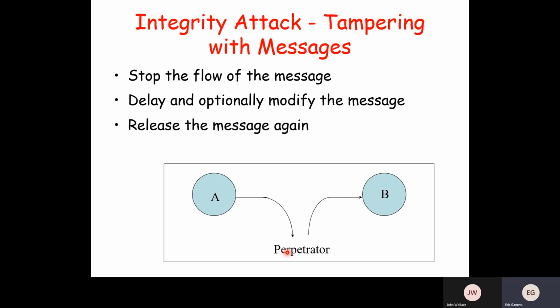Integrity attack. Let's say that Alice and Bob are communicating, and here we have Trudy, and Trudy changed something in the system so that when Alice communicates to Bob, she will receive a copy of the packet.